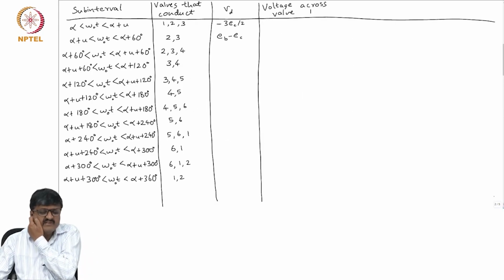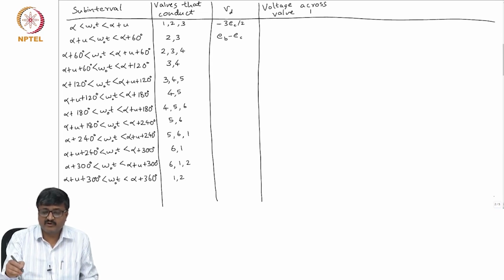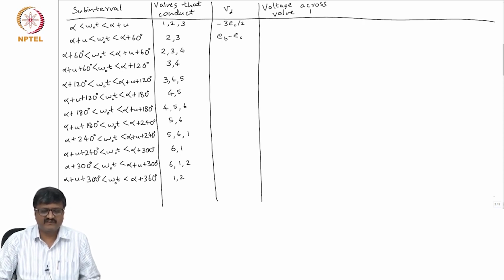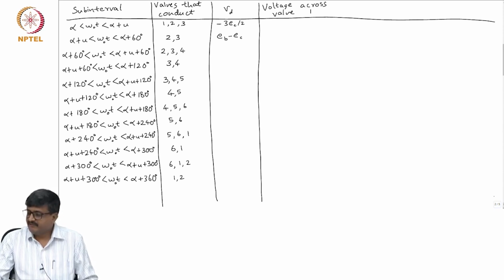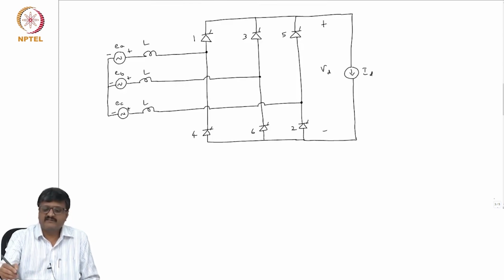As I said, it is easy to fill the third column wherever there are only 2 valves that conduct. If I take the fourth subinterval, 2 valves are conducting, 3 and 4.